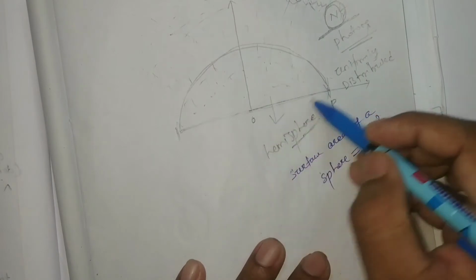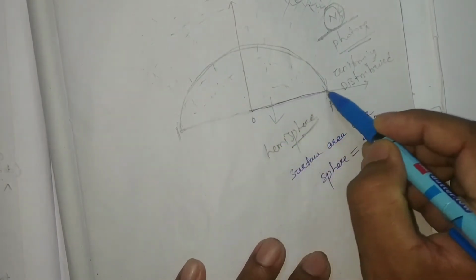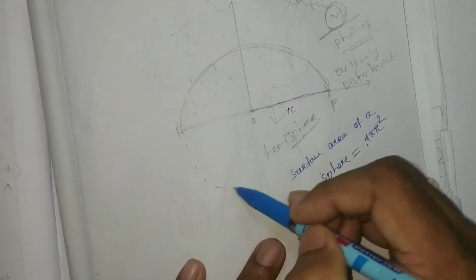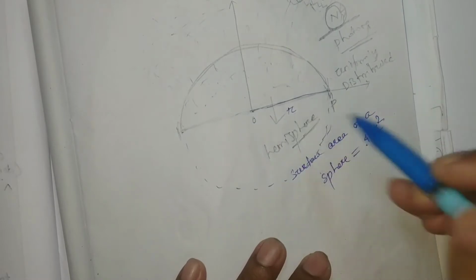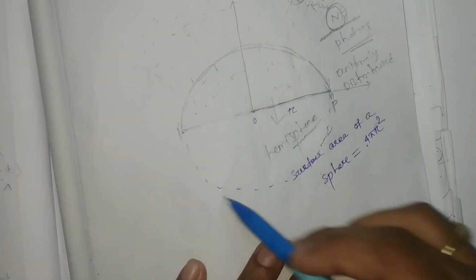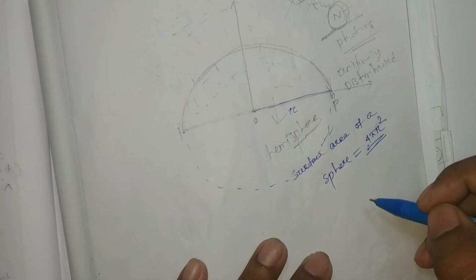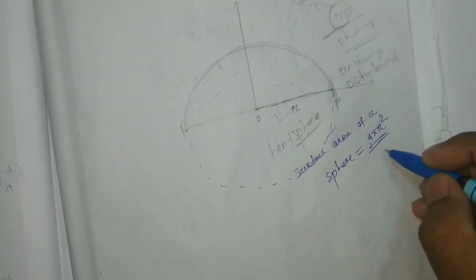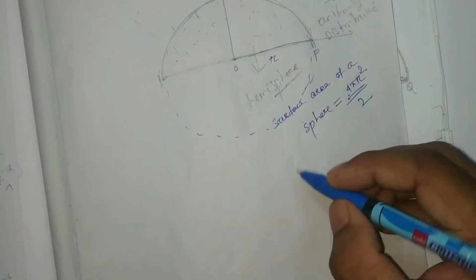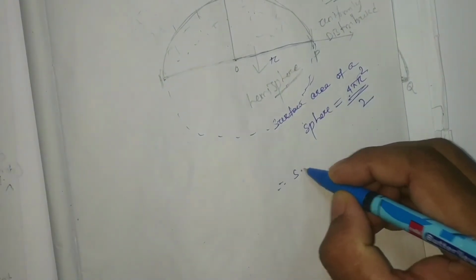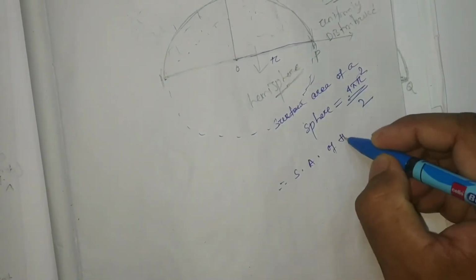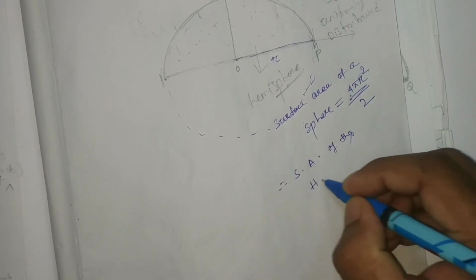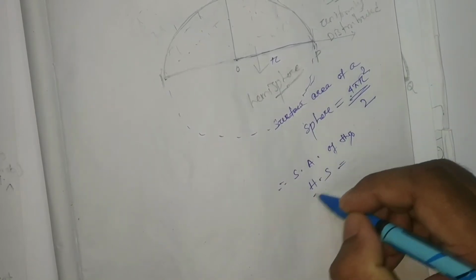If we consider this as the radius, then this is an imaginary sphere, and the surface area of the whole sphere is 4 pi r square. So the surface area of this hemisphere will be divided by 2. The surface area of this hemisphere will be equal to how much?